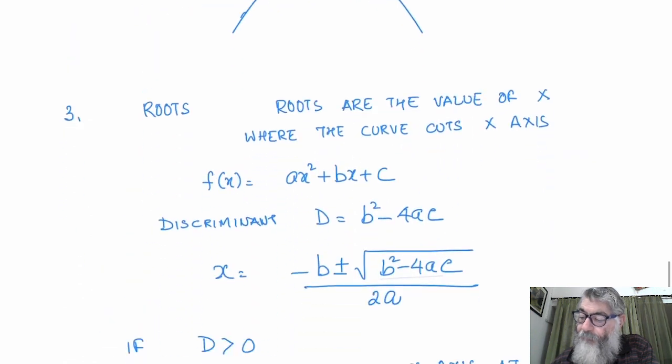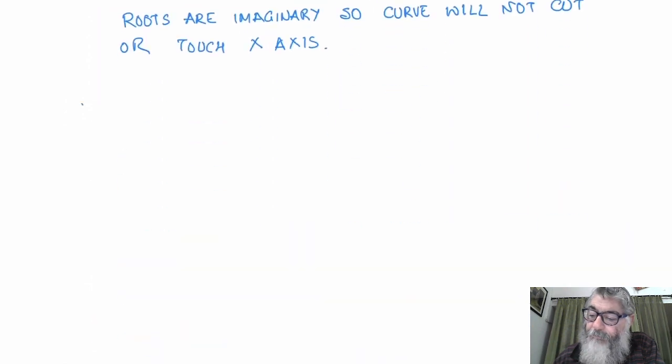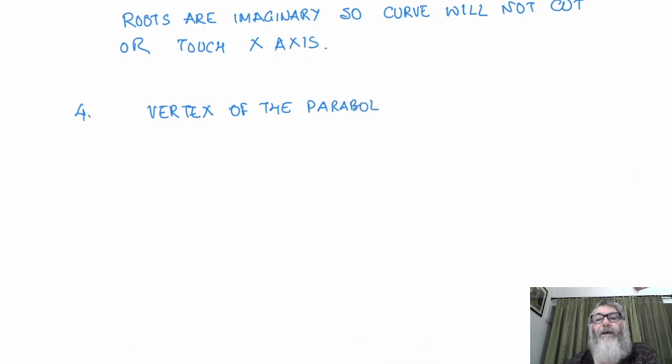After the third, let's take the fourth point: the vertex of the parabola. Vertex is the point where either the curve will reach its minimum value and then start increasing, or the curve will reach its maximum value and it will start decreasing from there.